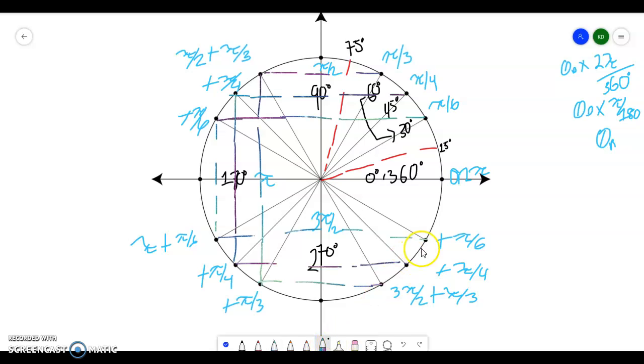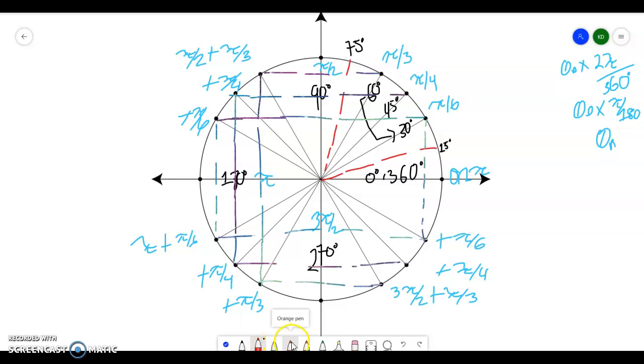And if we go past a full revolution, we can come over here and add 2 pi, but don't really need to worry about that. You can add way more than 2 pi. You can add 10 pi or 300 pi. That would be going around the circle 150 times. I'm going to erase this because I need this space for more information.